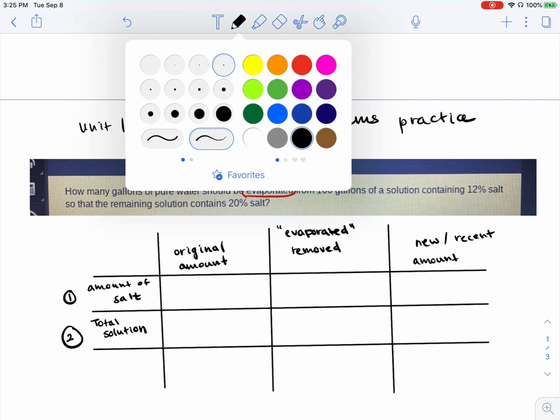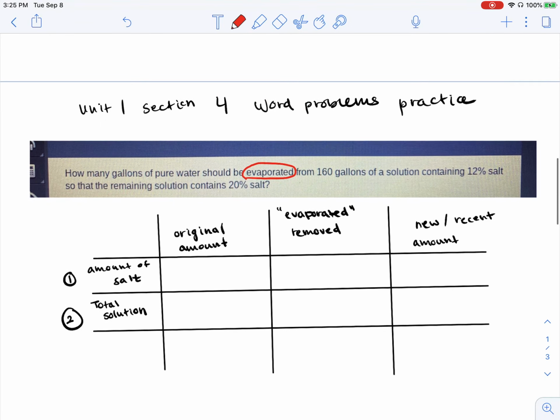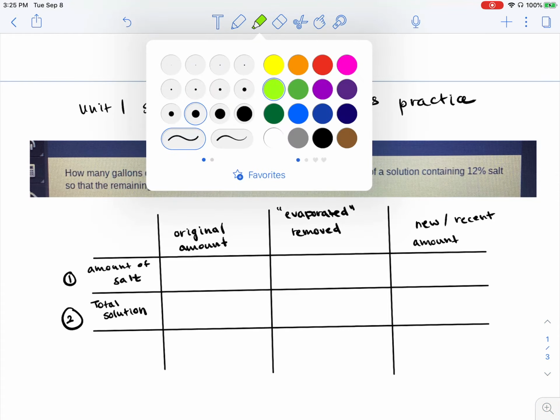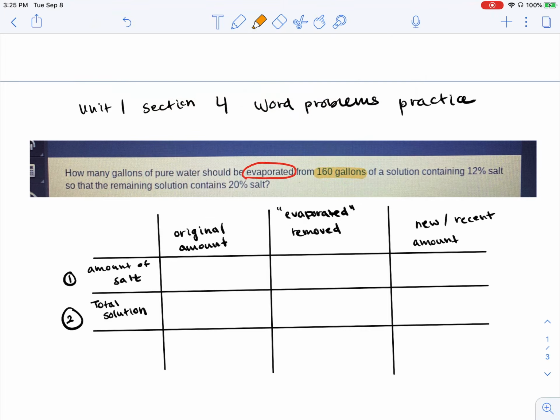So let's fill in what we can. They say that we have 160 gallons of solution. So that's what we have in total. So let's write 160 for total solution.